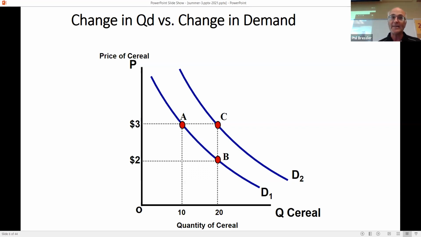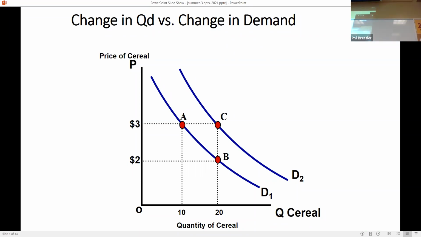Quantity demanded is just a change at one particular given spot. And again, if I go up from 2 to 3, quantity demanded decreases. So the big thing I want you to see here is a change in price slides up and down the demand curve.